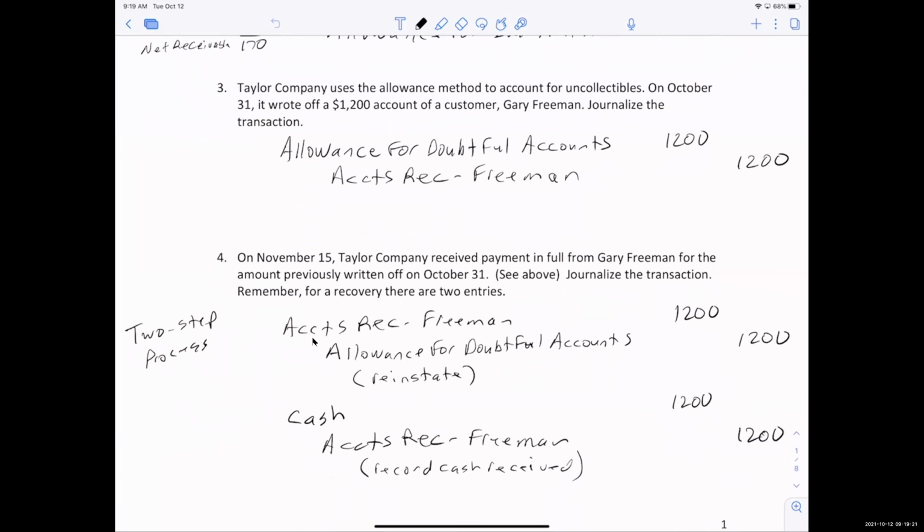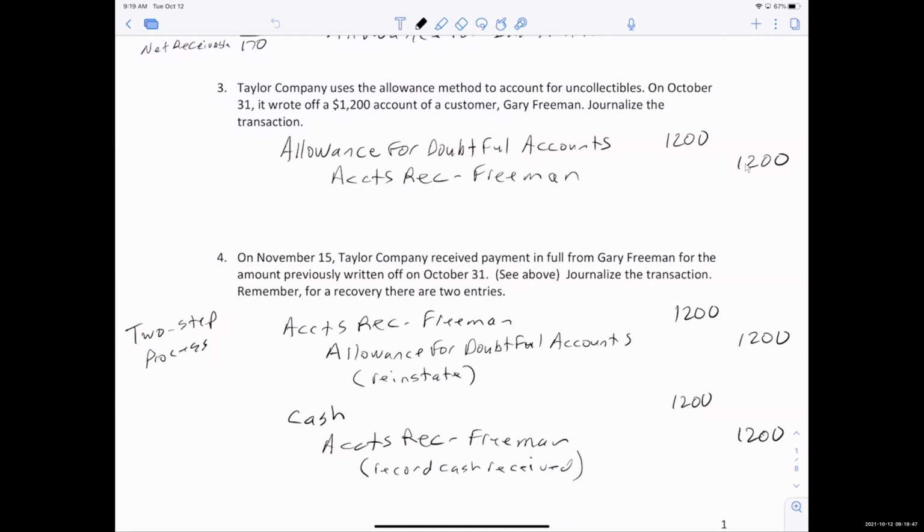Okay, so this reinstatement is basically flipping the journal entry, right? So here, when we wrote off Freeman, debit allowance for doubtful accounts, credit accounts receivable. But since he's paying us, we have to flip it and put Freeman back.